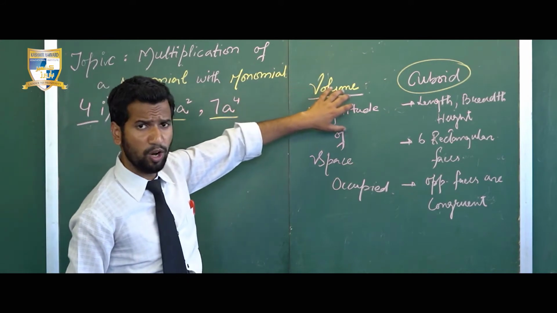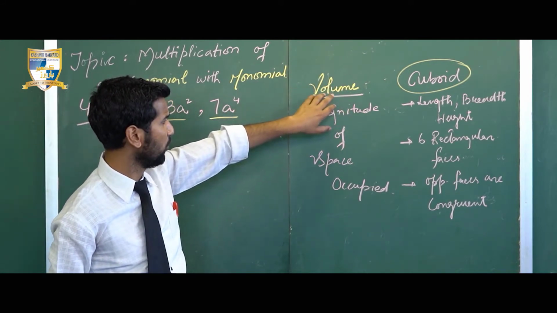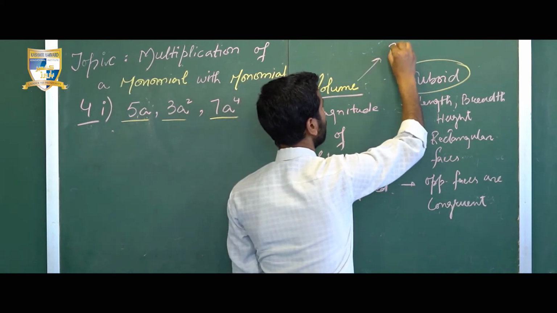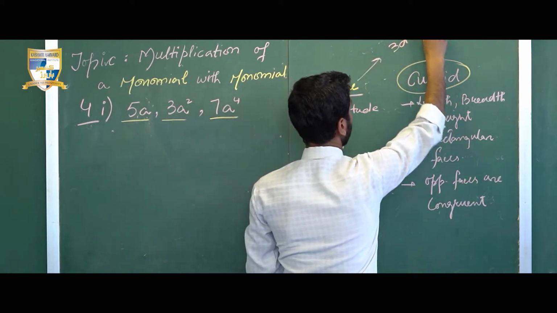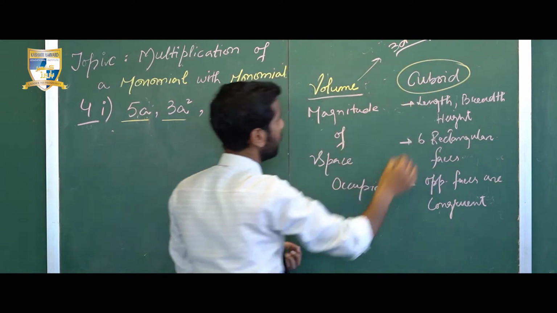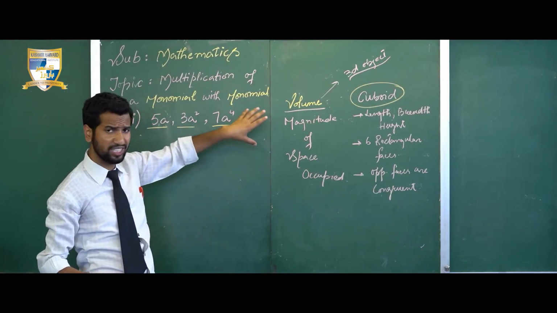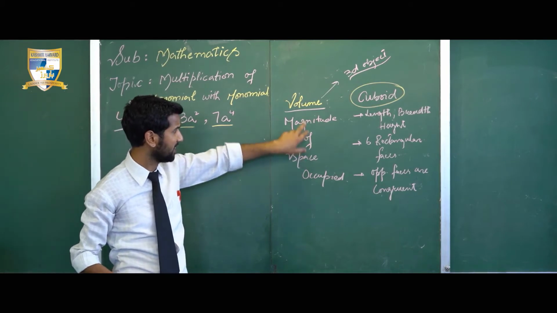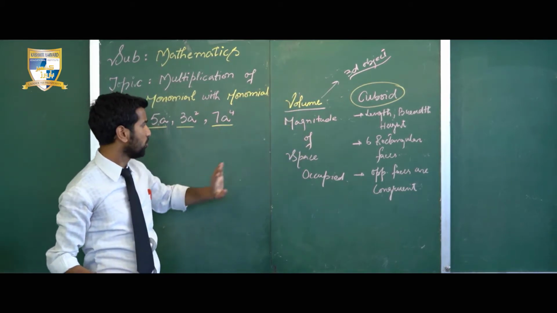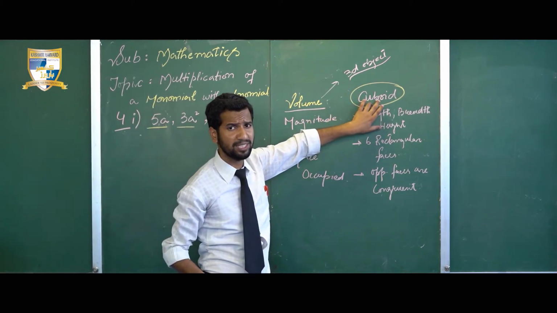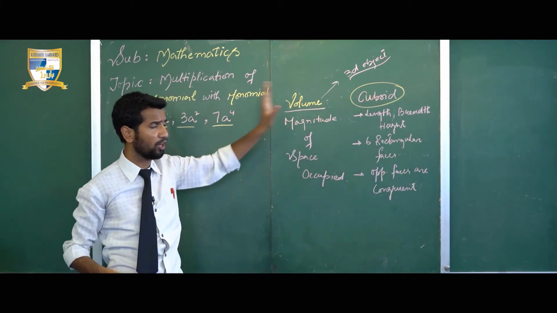Volume of an object means the volume of any 3D object. 3D object means which has 3 dimensions. So the volume of any 3D object is equal to the magnitude of the space it has occupied. So the volume of a cuboid also means the magnitude of the space that it has occupied.